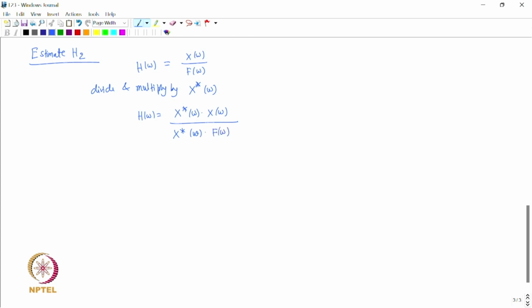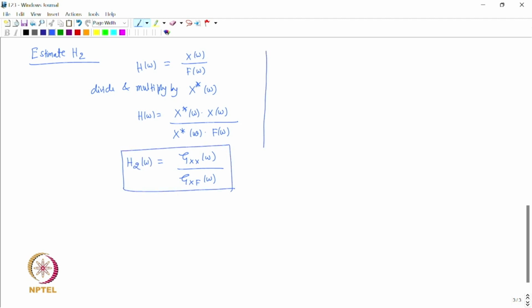So X star omega again is the complex conjugate of X of omega, and this quantity X star omega X omega is nothing but the auto spectrum of response X, and X star omega F of omega is nothing but a cross spectrum between X and F. So this estimate is basically called the H2 estimate, H2 omega.